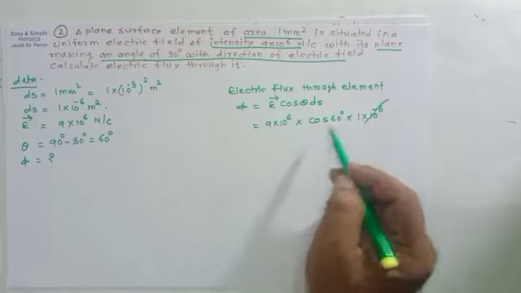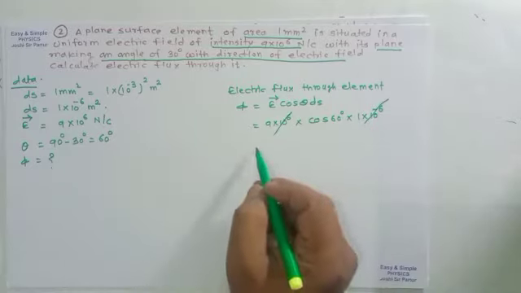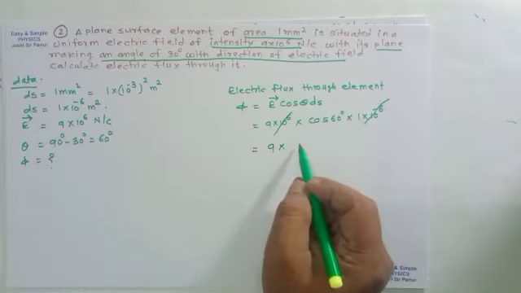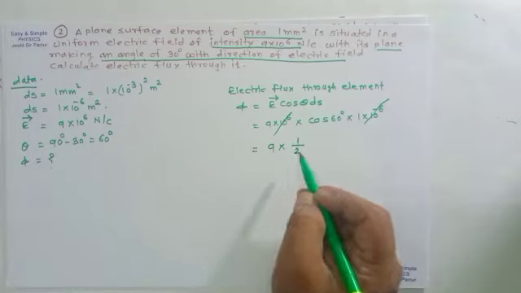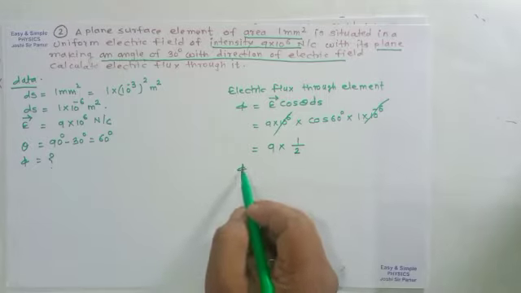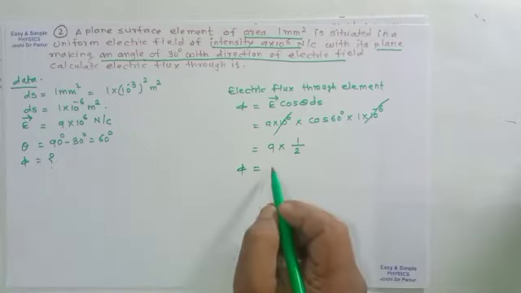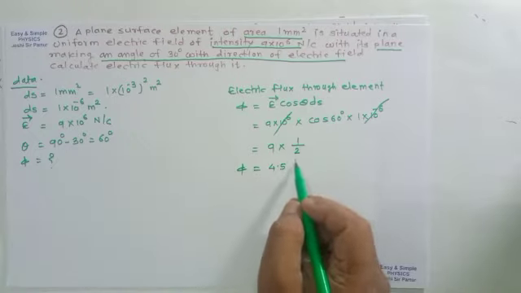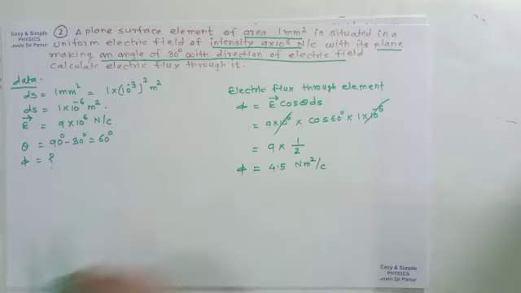So first of all, 10 raised to minus 6 and 10 raised to plus 6 get cancelled. 9 into 1 upon 2, because 1 upon 2 is the value of cos of 60 degree. So the electric flux will be 4.5 Newton meter square per coulomb. That is the answer for the given example.